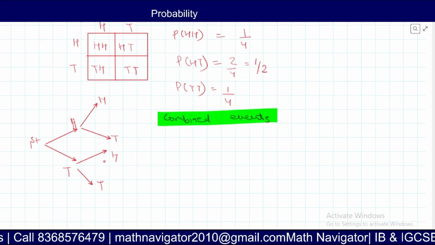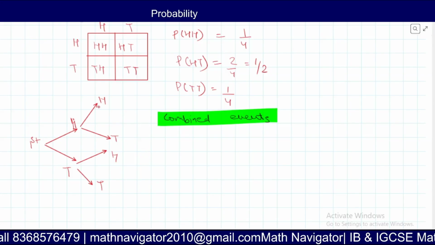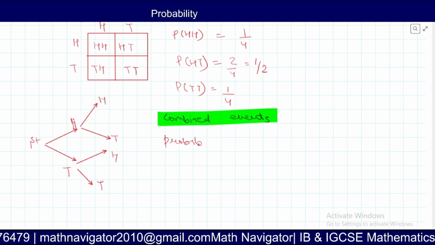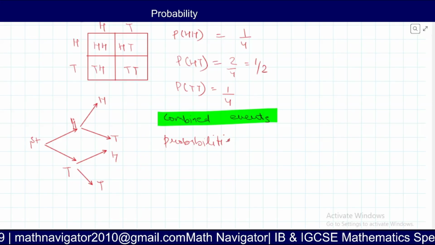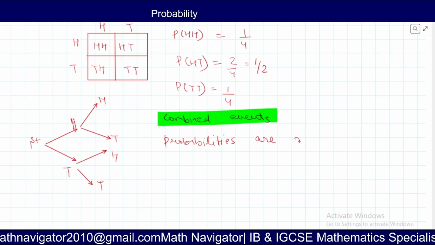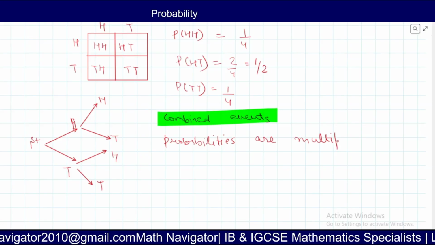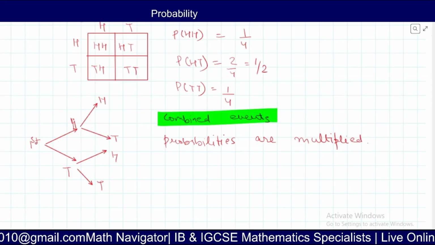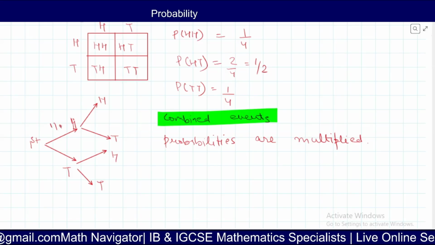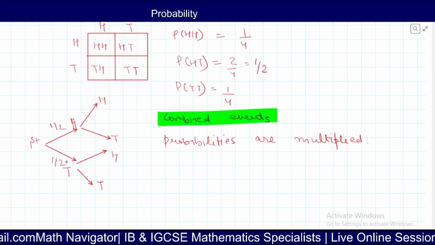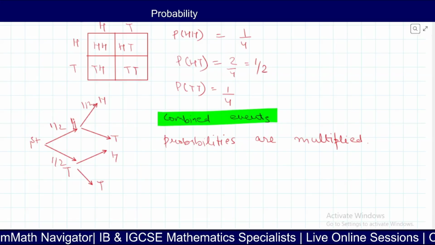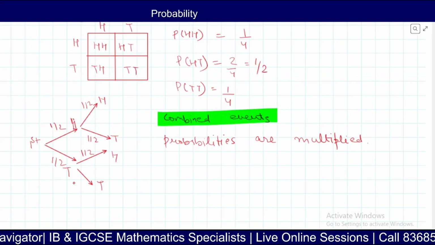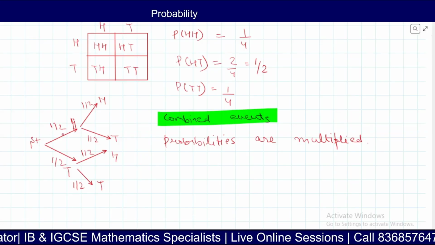Whenever we have combined events A and B, then probabilities are multiplied. Got it? So I'll simply write: probability of getting a head, half. Probability of getting a tail, half. Probability of getting a head, half. Probability of getting a tail, half. So this is my possibility, head, head.